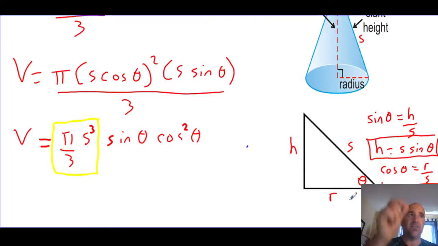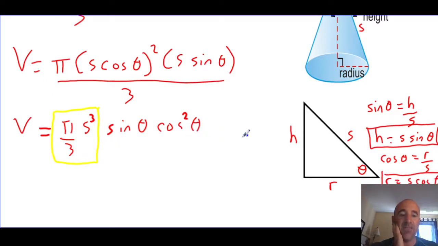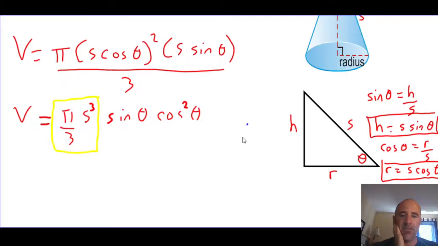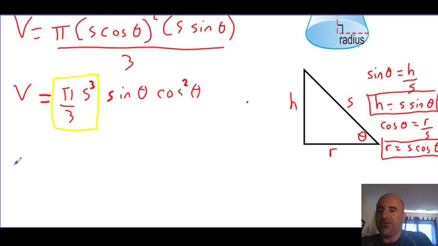It's this infinitely skinny cone, and if the radius is 0, the volume is 0 as well. So as theta gets closer and closer to 0 and to pi over 2, the volume gets really close to 0. So there must be a critical point in between those values where our volume is a maximum, bigger than 0. To find it, we look for the derivative, V prime.